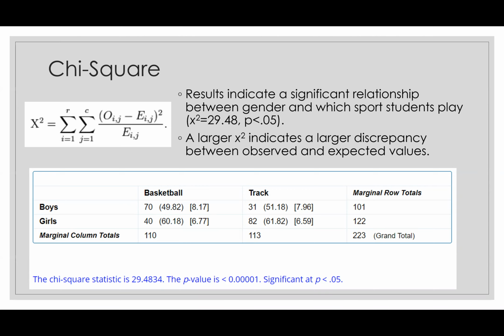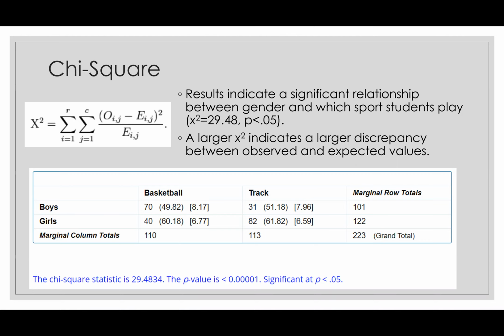There is a significant relationship between gender and sports choice. And you can see that, right, based on the numbers. We can see that many more girls run track than boys. We can see many more girls run track than play basketball, right?